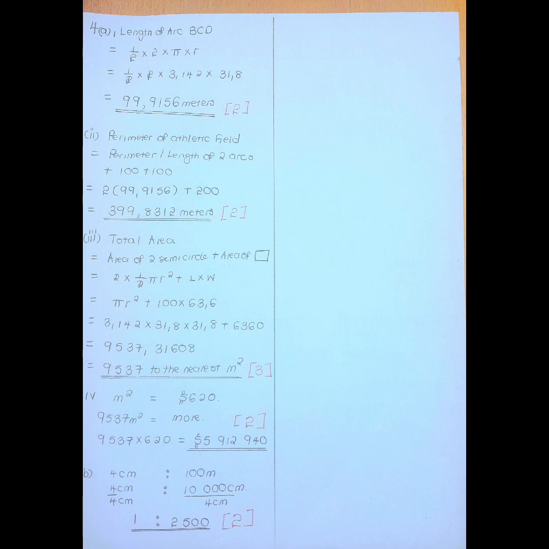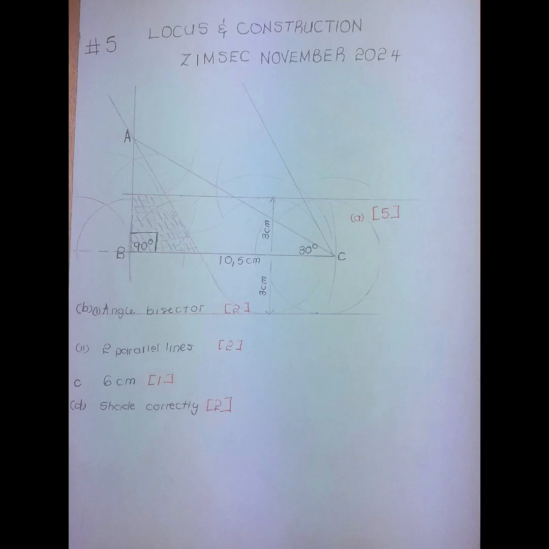And then number 5, there was a question on locus and construction. It was saying construct a triangle ABC in which BC is equal to 10.5 centimeters, angle ABC is equal to 90 degrees, and angle BCA is equal to 30. So first we need to measure 10.5 centimeters. We label correctly our B and C and also the 10.5 centimeters.